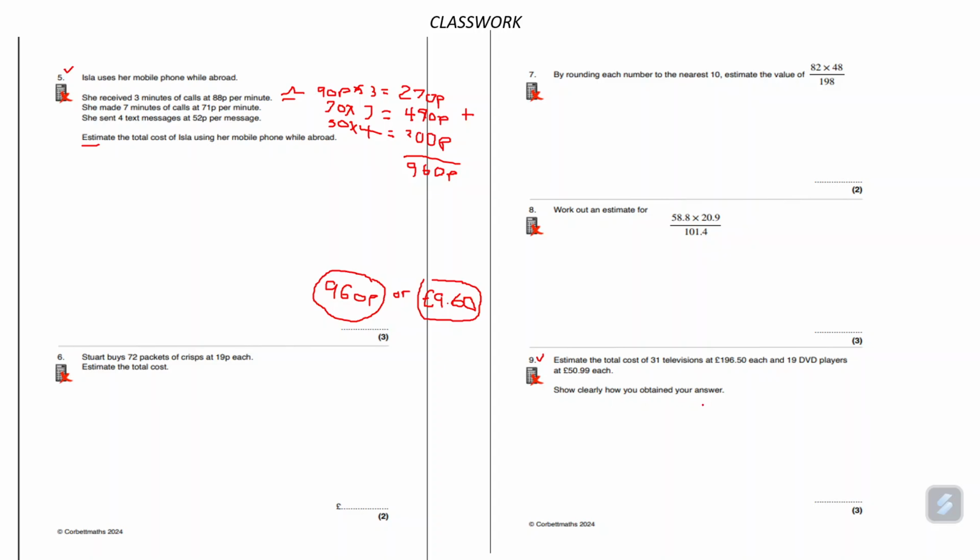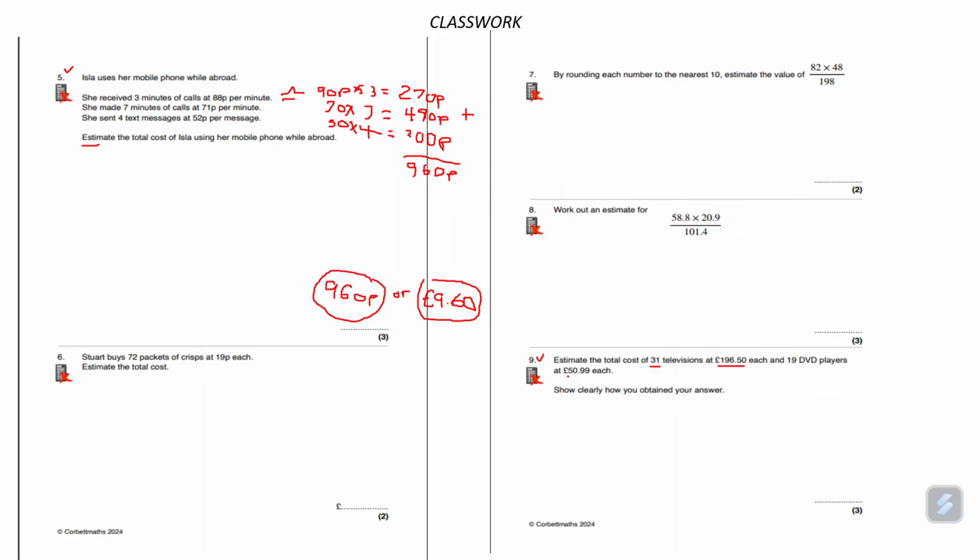Show clearly how you obtain your answer. So the first thing, as usual, we need to round. We need to round this to the nearest 100, and we need to round this to the nearest 10. Then we add them both.